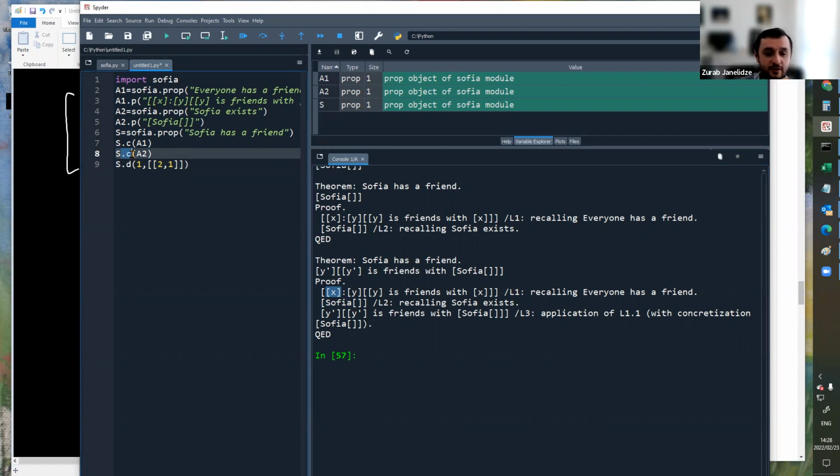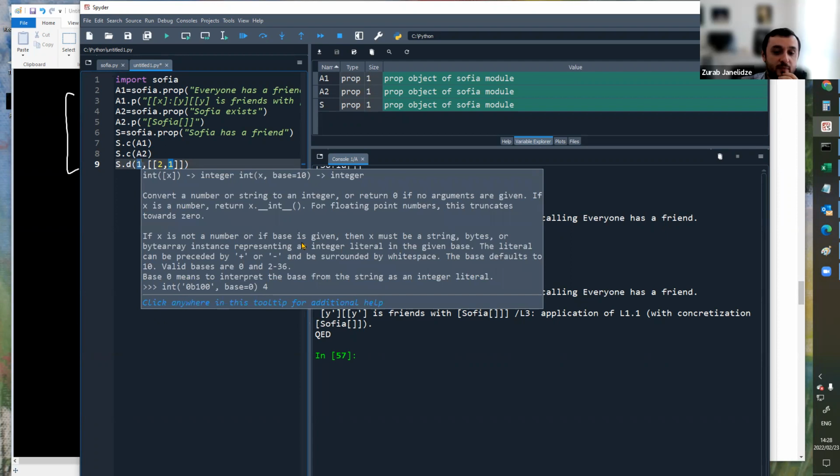So C is for call, the 3rd letter of recall. .d is going to take this line and apply it in the case when in the place of X we have Sophia. And as we know the parameters, the first parameter tells us which line the thing we're applying comes from. It's line 1. So that's why we have number 1 here.